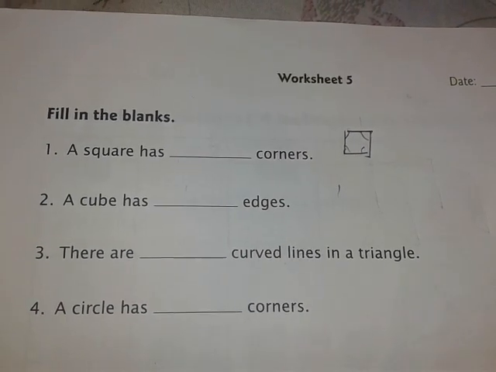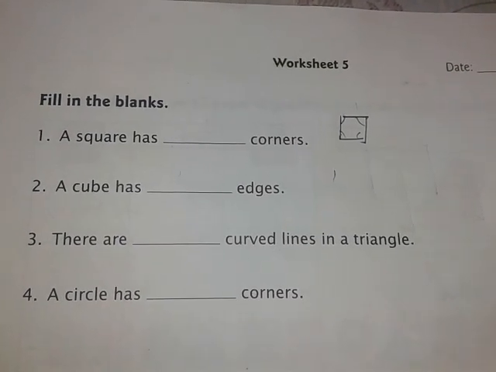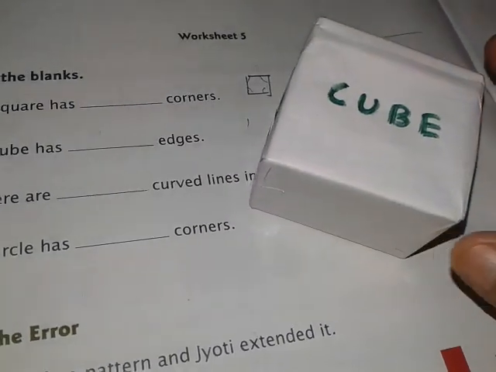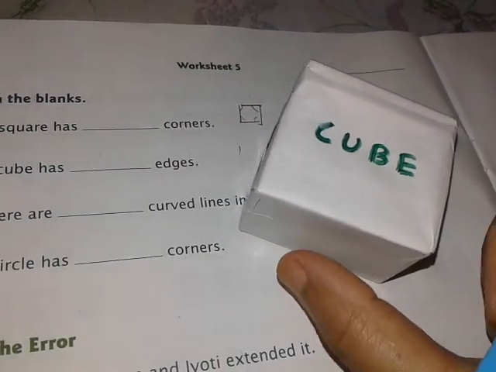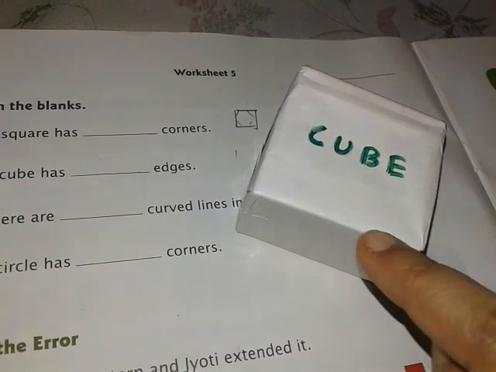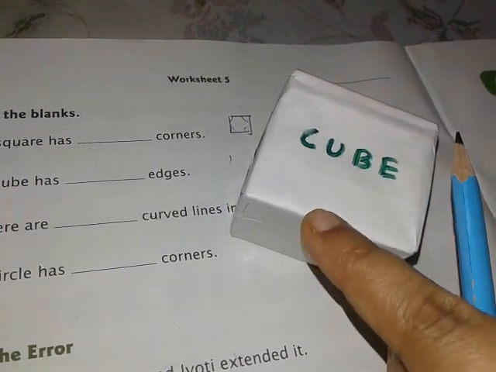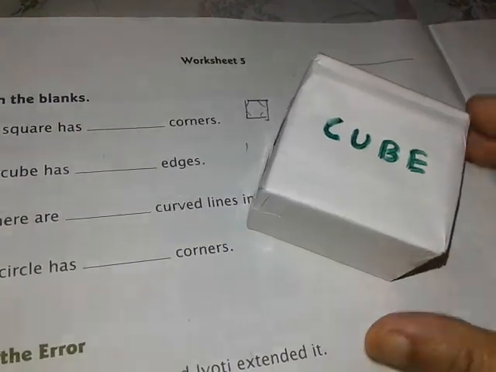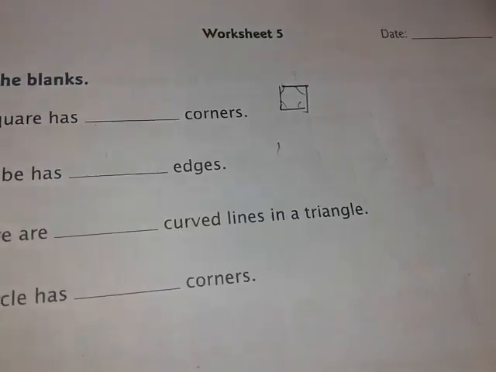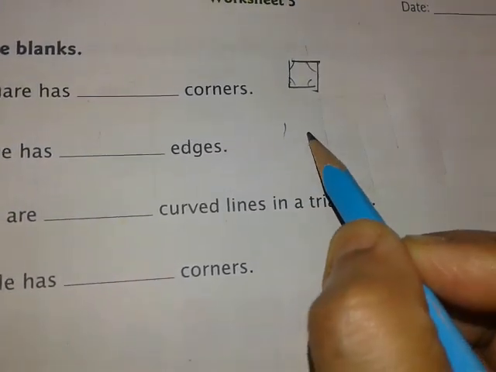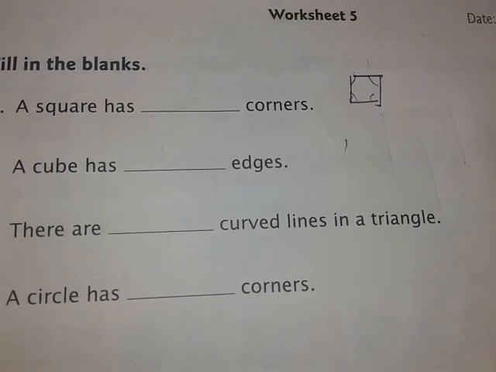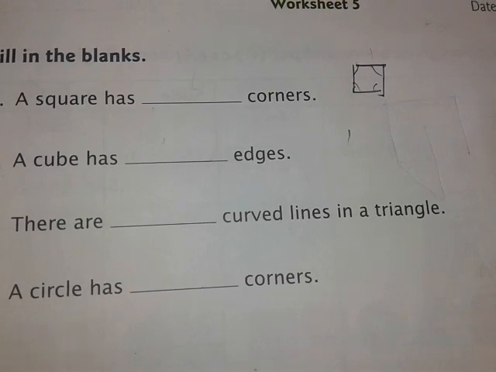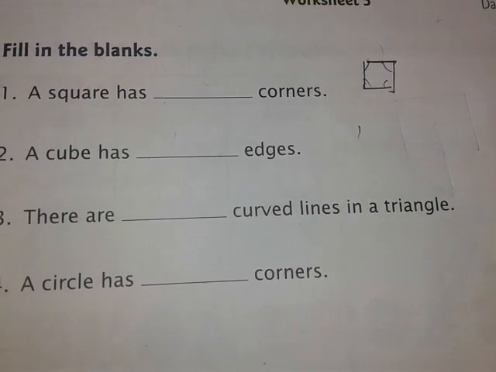Edges means when two faces join. A place where two faces join is called an edge. This is a cube. This is one face and this is another face. And this place where the faces join is called an edge. When we draw a cube, the lines that are used to draw represent the edges. So if you know how to draw a cube, in the exam hall also you can sit and quickly draw a cube and tell how many edges are there.